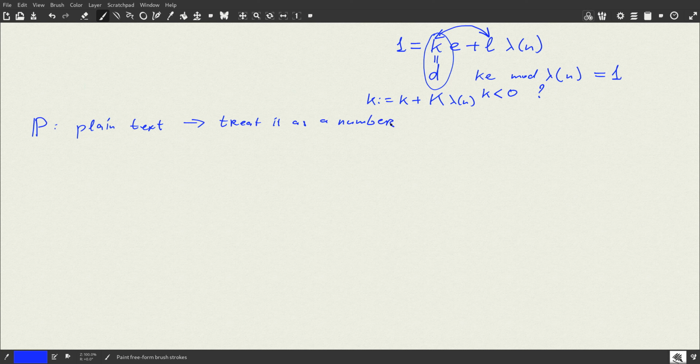Then we compute the encrypted text, or cipher C, which is simply our plain text to the power of E modulo n.